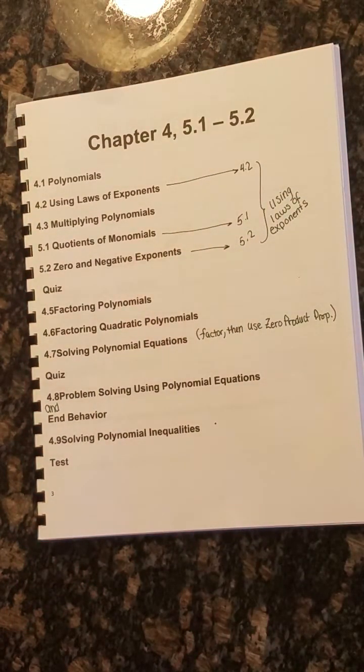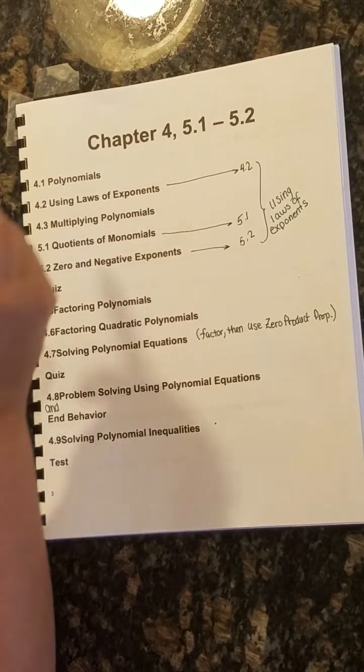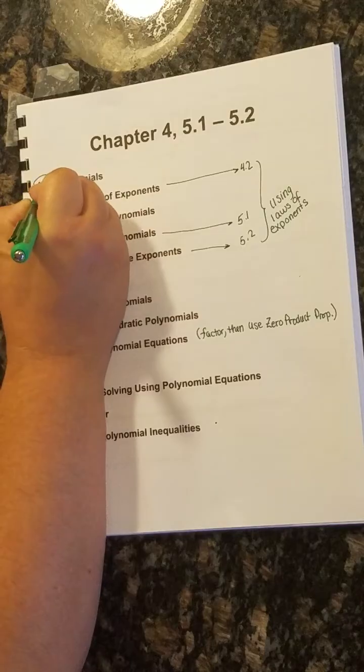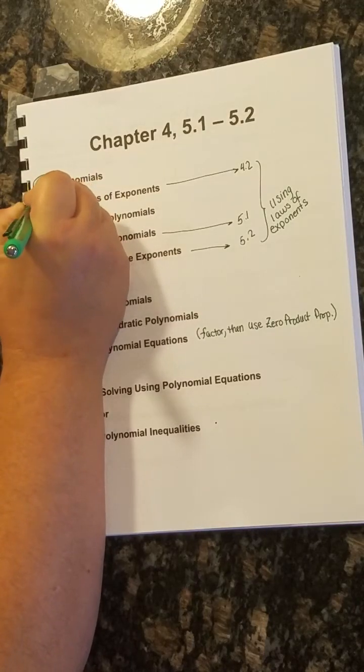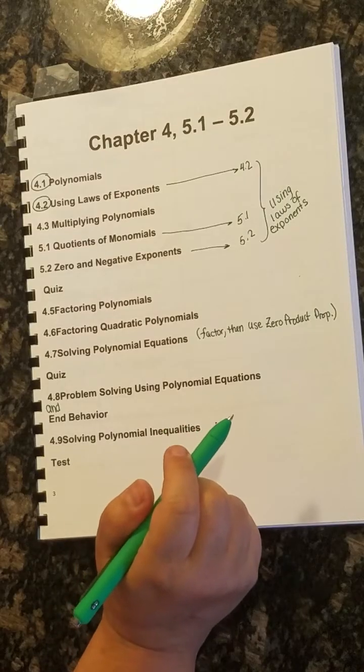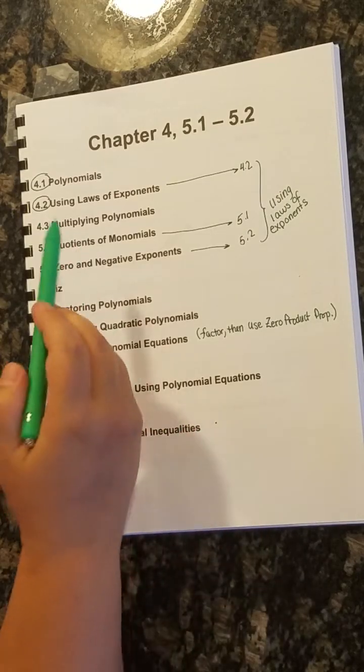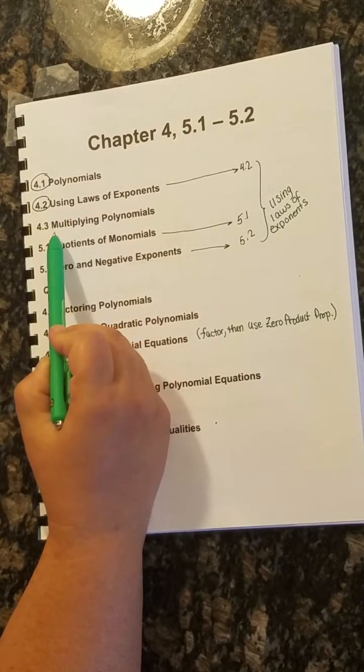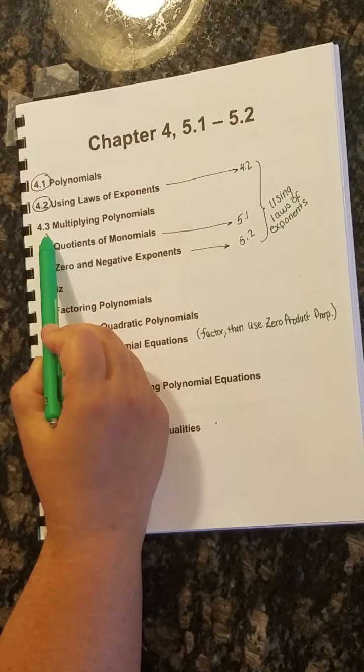So here are the sections you're going to be learning. Today you will be learning section 4.1 and 4.2, which is going to be a video, and then some follow-up homework. During the week, before I see you again, I'm going to ask you to take some more notes on 4.3.